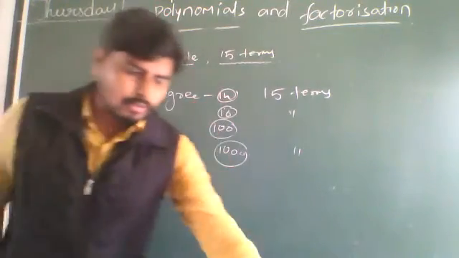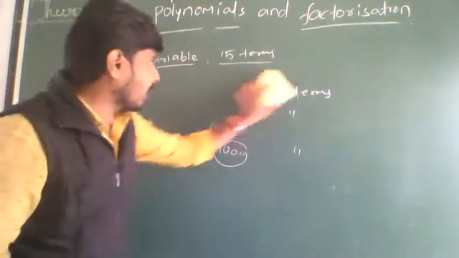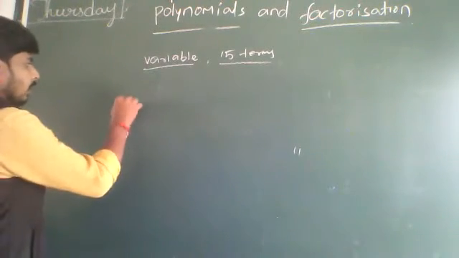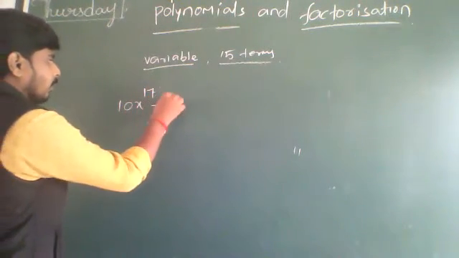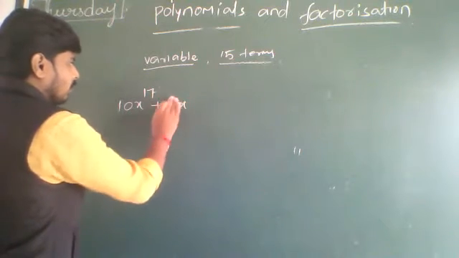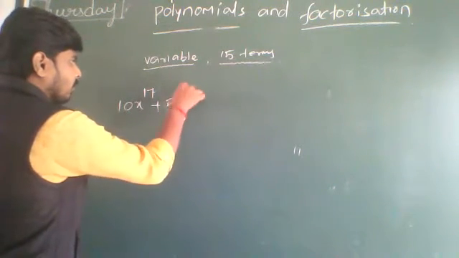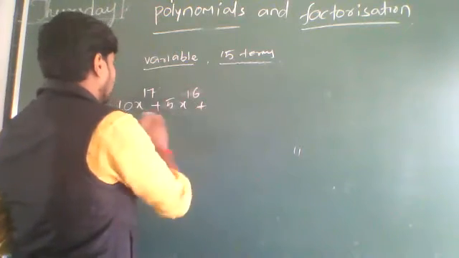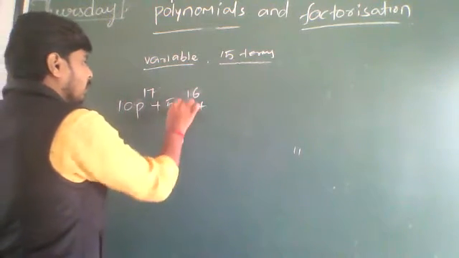Yeah, can you write now one example here? Yeah, I will write. See, 10x power 17 plus 5x power 15 or 16 plus, not p, variable is given p, right?